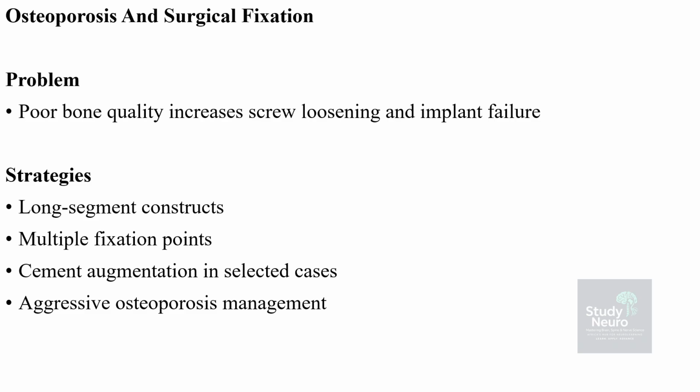Surgeons may use longer fixation constructs with multiple points of anchorage to spread mechanical forces across a wider area, while cement augmentation can improve screw purchase in selected patients. Osteoporosis should also be treated actively before and after surgery when possible. Better bone quality supports fixation and may improve long-term stability. The goal is durable stability. Good bone matters.